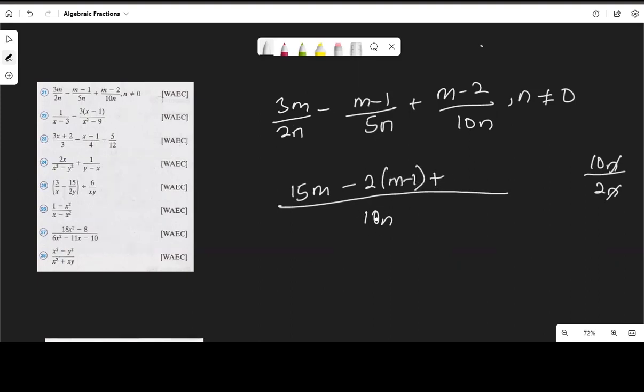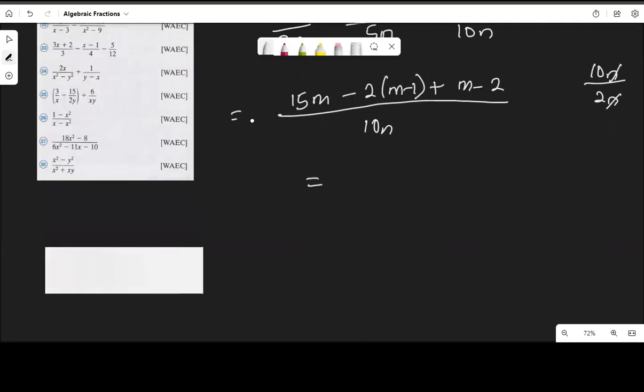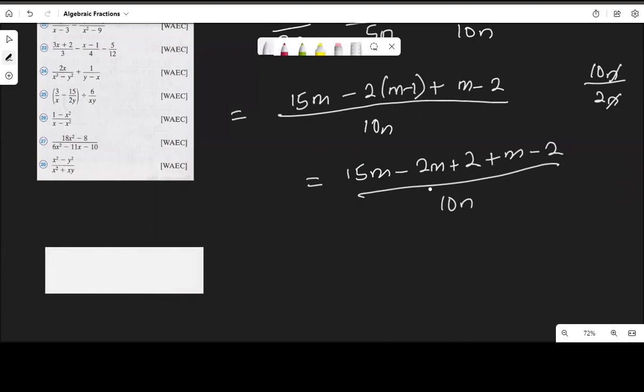Plus, 10n divided by 10n is 1. 1 times m minus 2 is m minus 2. So this will be now 15m minus 2 times m is 2m, and minus times minus is plus, 2 times 1 is 2, plus this, m minus 2 over 10n.